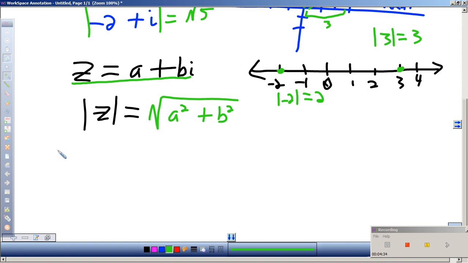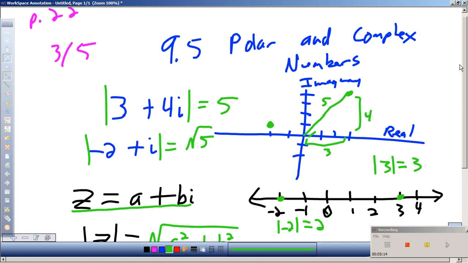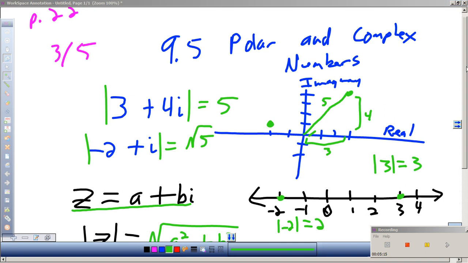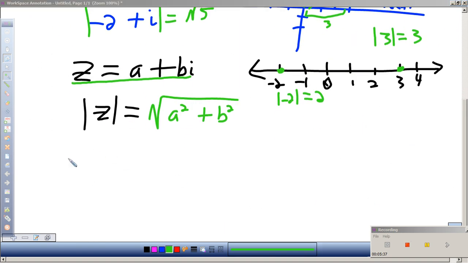Remember, what's the formula for x in polar form? r cosine theta, is that what's familiar? And y, r sine theta. So we can rewrite z into this form.